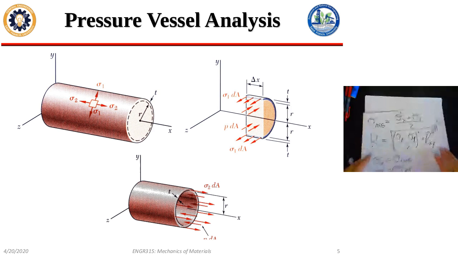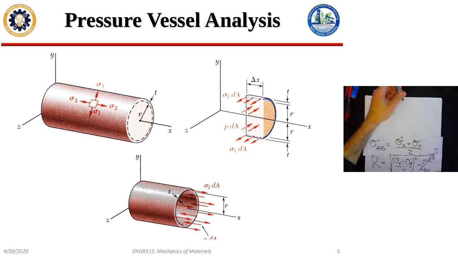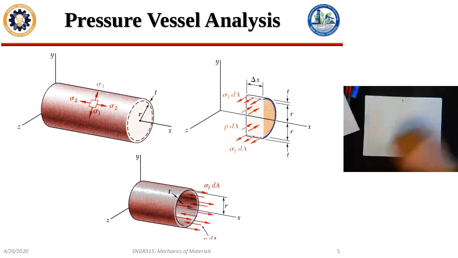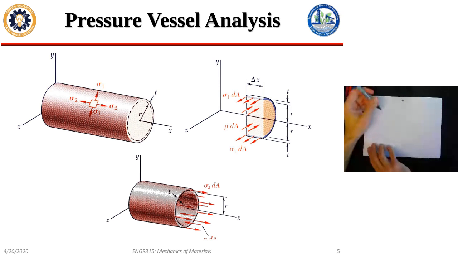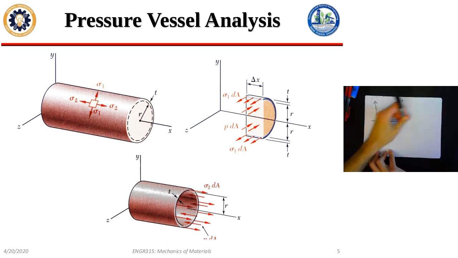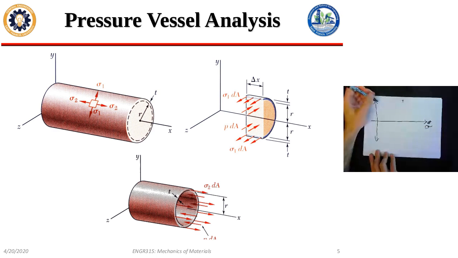So if I look back over and try to plot Mohr's circle then, here's my normal stress axis. Here's my shear stress axis. We'll say that that's my sigma average, which is going to be at what?